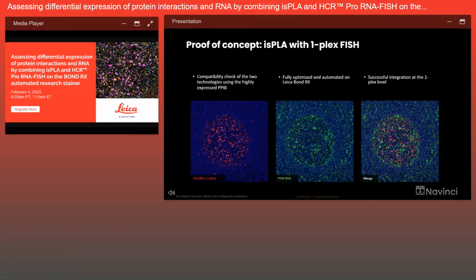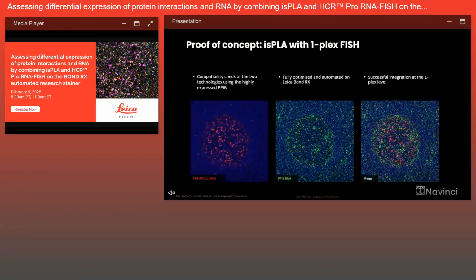So to test whether or not these 2 different technologies were compatible, we started with a PD1, PDL1 interaction with a 1-plex HCR Pro RNA FISH assay. We used PPIB as it's a very abundant marker for RNA.